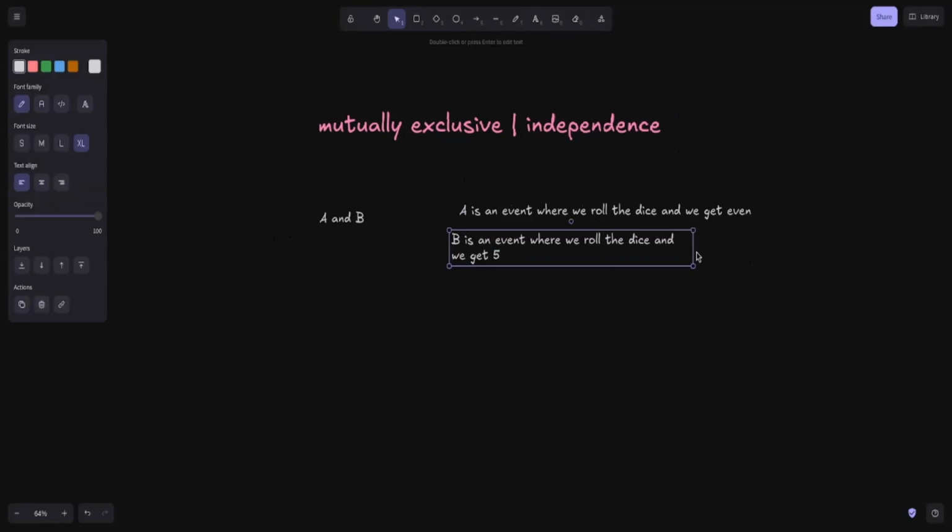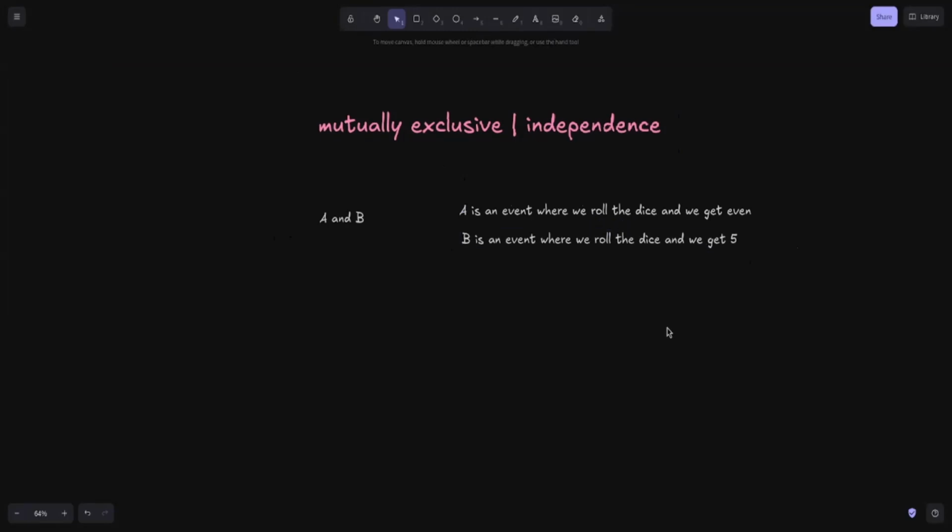Can these two events happen at the same time? So if I'm rolling a dice, can we ever get 5 and even at the same time? No. So A and B are mutually exclusive events.